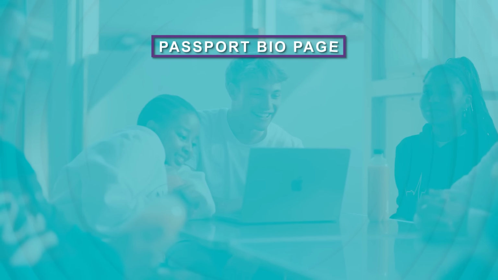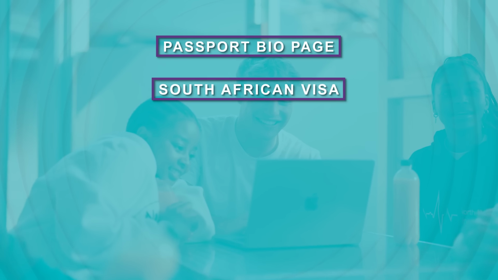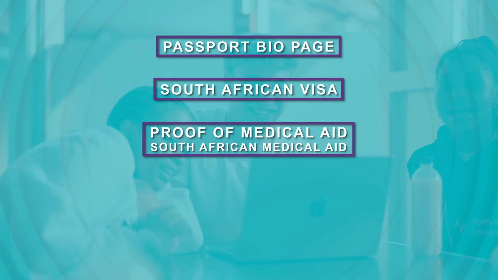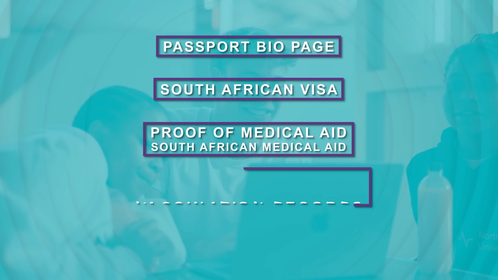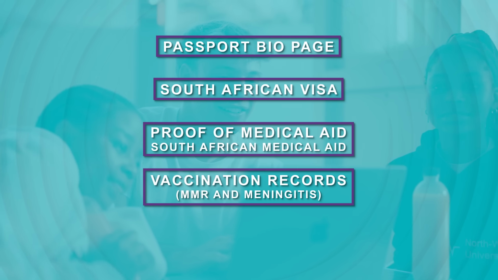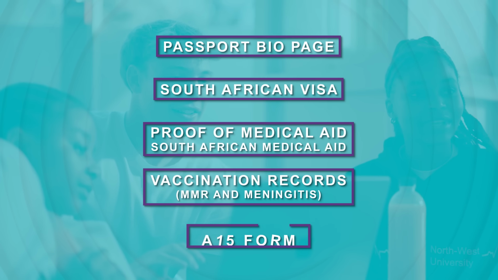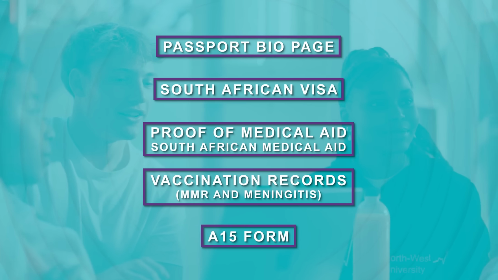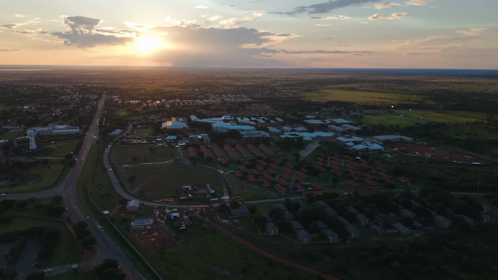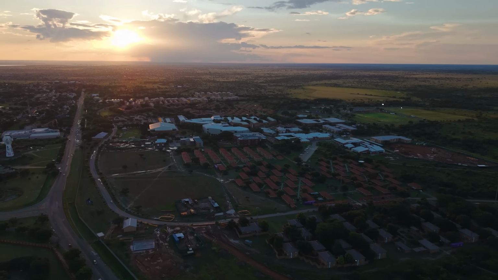Passport bio page, South African visa, proof of medical aid, South African medical aid, vaccination records, MMR and meningitis, A15 form. The registration hold will be lifted as soon as the ISCO has loaded all the relevant records.